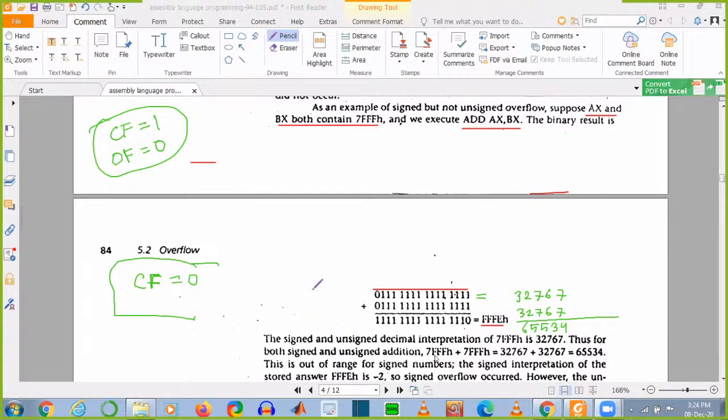Okay, who can say? -1, sir. Aminul, tell me, what will be the value of first number in case of sine number?